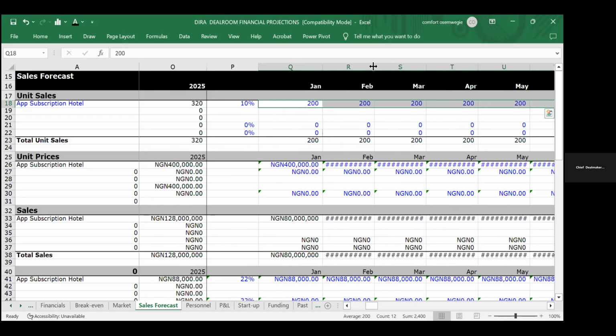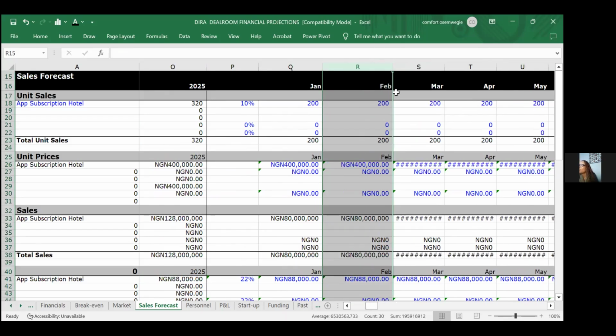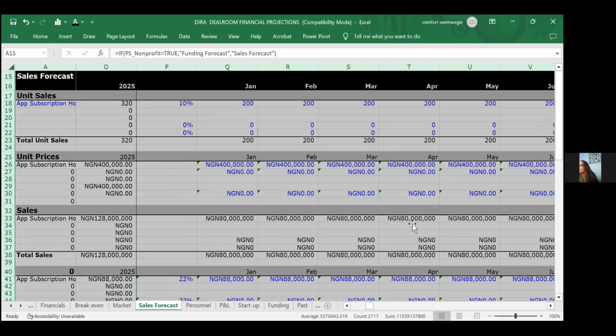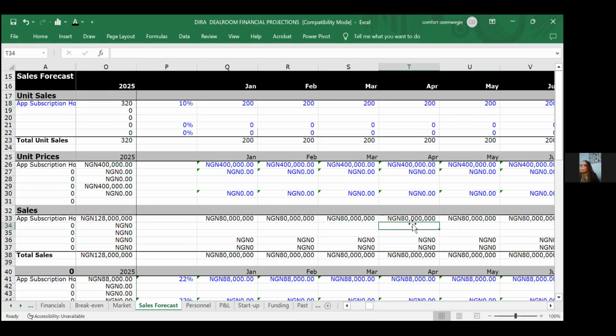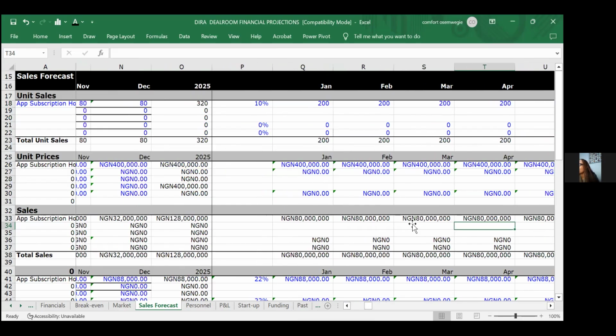Yeah. So that's what this does. Now, these are projections, and it gives you the opportunity to know how much you are making. Now, is your subscription going to change in 2026?